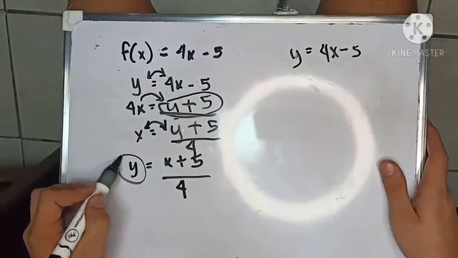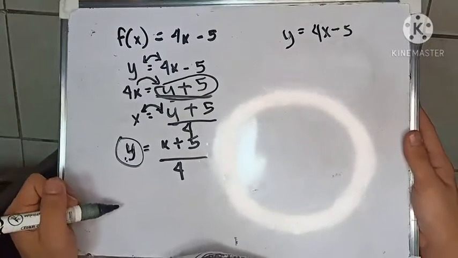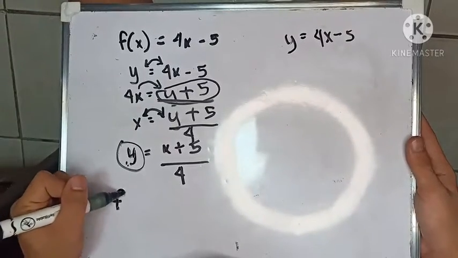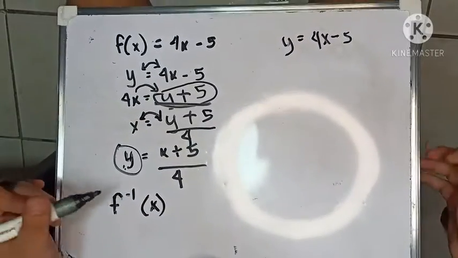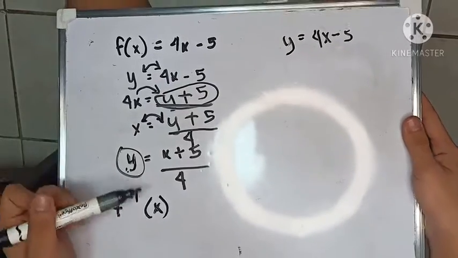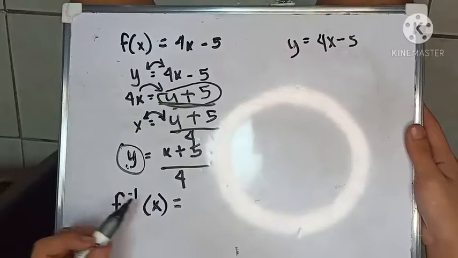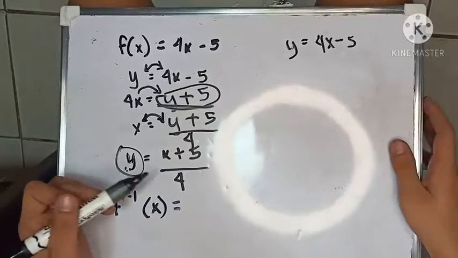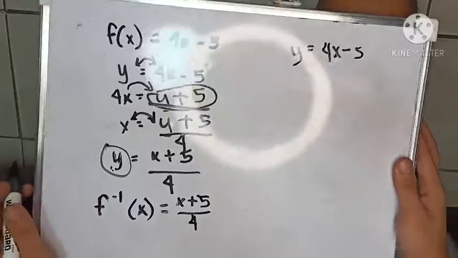And we're going to change this y into the inverse function notation. It looks like f to the minus 1 times x, right? But wrong, it is the inverse function. So let's continue: the inverse function is equal to (x plus 5) over 4.